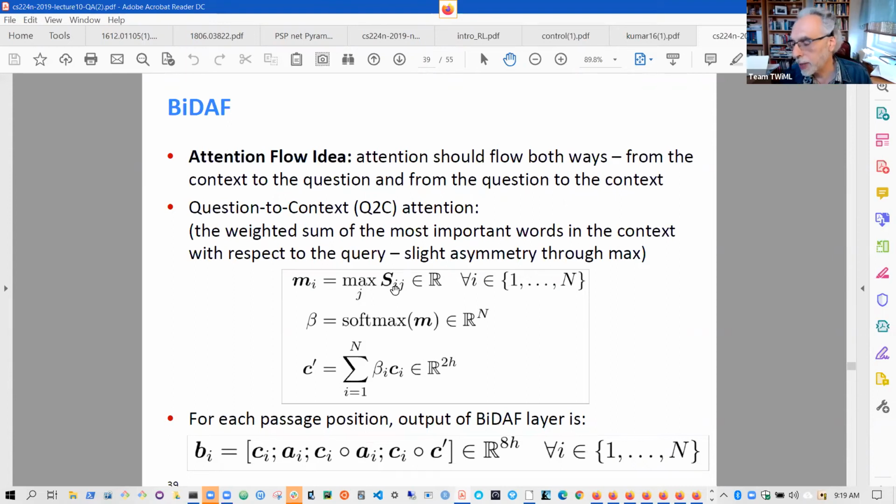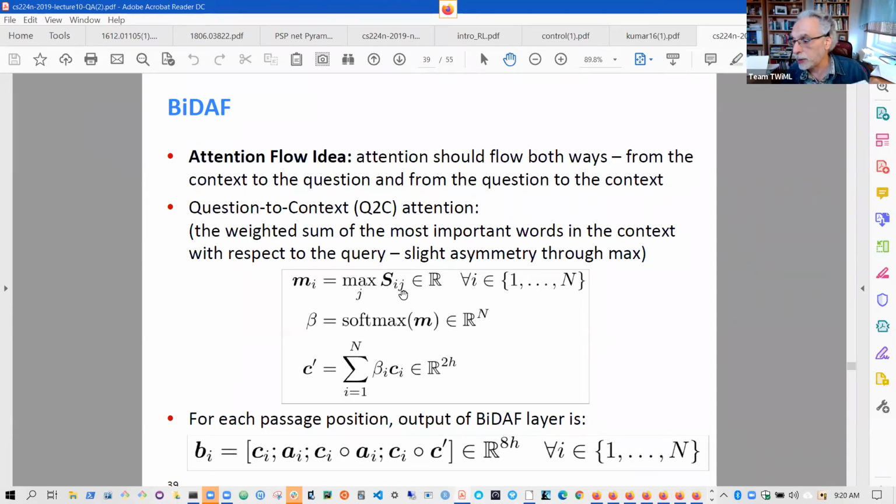He's looking at the similarity matrix, the row of the similarity matrix, I'm sorry, and he's looking at the maximum over the columns in the similarity matrix corresponding to a given row. The row corresponds to i, the word from the passage, right? So for each word from the passage, we're looking at all of the elements in that row in the similarity matrix.